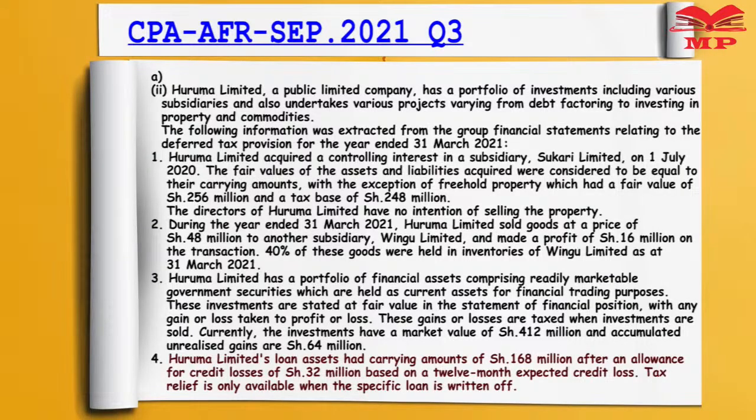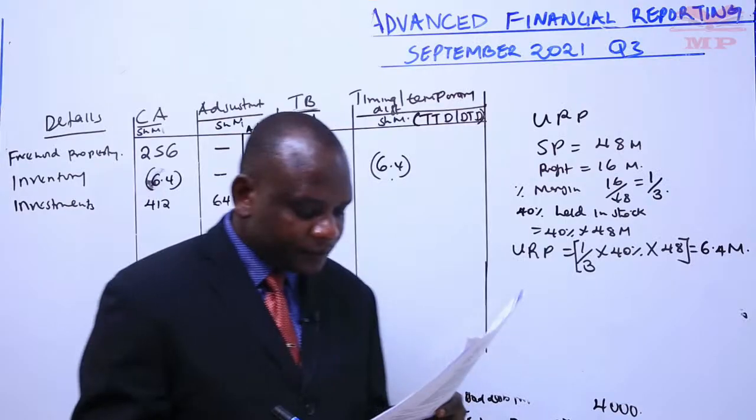Then the next is Huruma Limited loan assets at a carrying amount of 168 after an allowance for credit losses of 32 million based on 12-month expected credit loss. Tax relief is only available when the specific loan is written off. I believe it should be when the specific loss is written off.